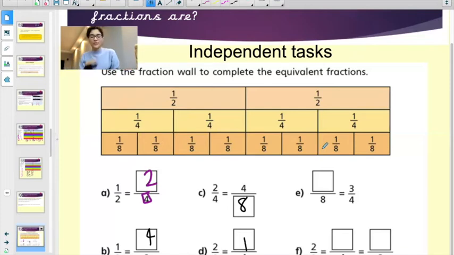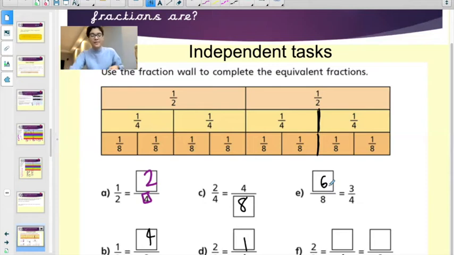I always look at the fraction that's first completed, which is 3 quarters, even though it's on the other side. I'm going to draw up my 3 quarters. That's 1 quarter, 2 quarters, and 3 quarters. I'm going to stop there. How many parts out of 8 do I need? Look at my 8 bar, the one with the denominator of 8, and I'm going to count up how many parts I have in order to make the same sized bars. 1, 2, 3, 4, 5, and 6. So I need 6 out of 8 of those.